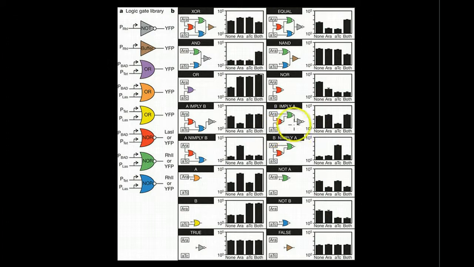And the motif of multiple promoters in tandem driving the expression of a repressor is common, and so these NOR gates may represent a fundamental unit of biological computation.